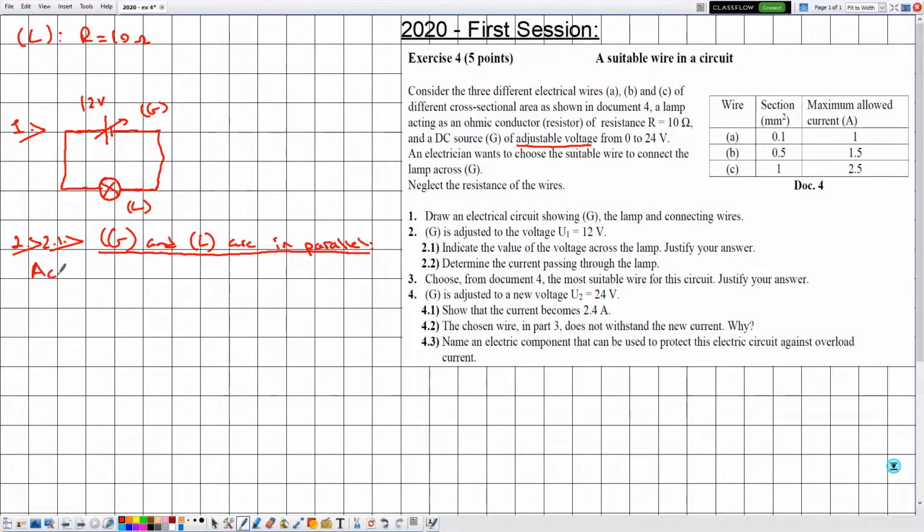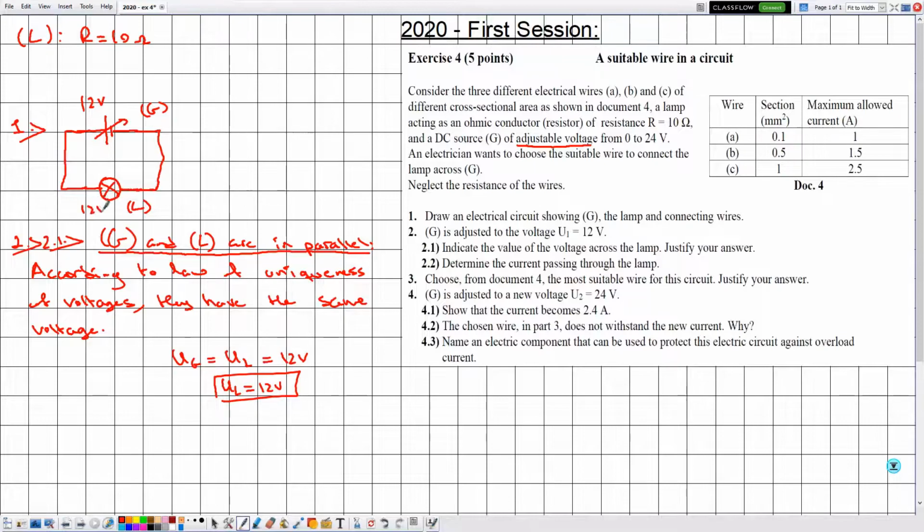Then let me say, according to the law of uniqueness of voltages, they have the same voltage. In this case, the voltage of the generator is equal to the voltage of the lamp, which is equal to 12 volts. Then we have that the voltage of the lamp is equal to 12 volts. Now we can place this here.